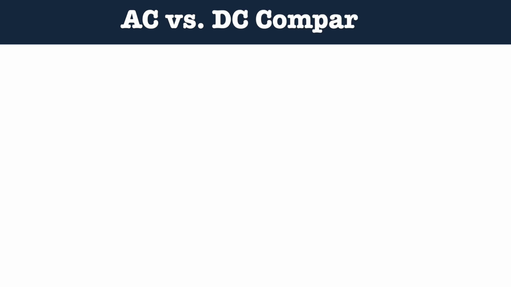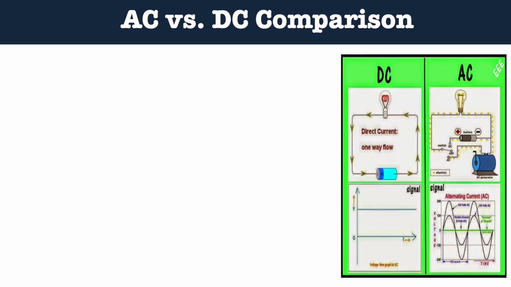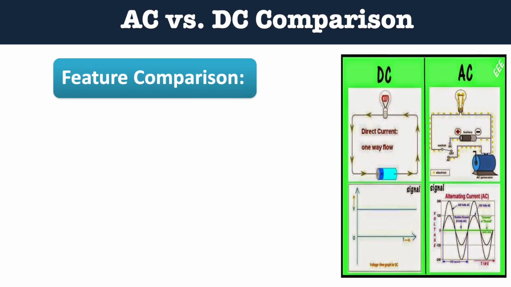Now let us compare AC and DC to understand their unique advantages and disadvantages better. We have already discussed the advantages and disadvantages of AC and DC power. What is the difference between AC and DC?